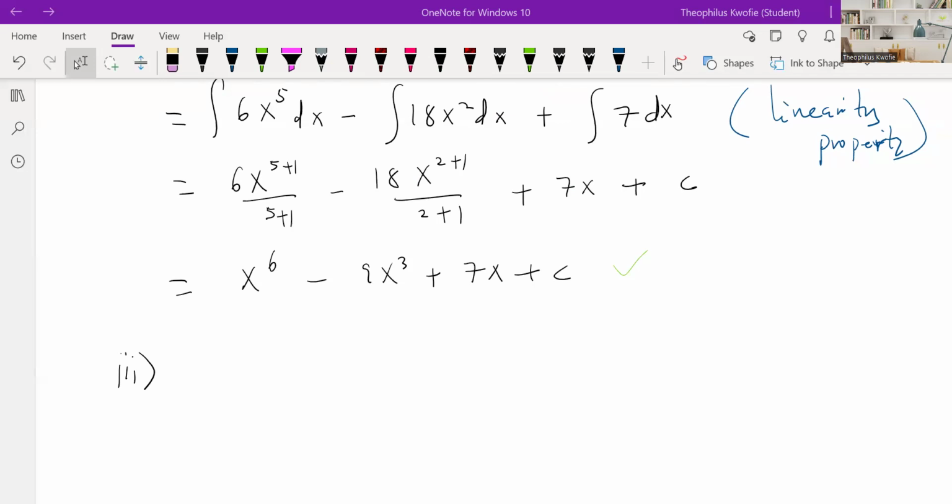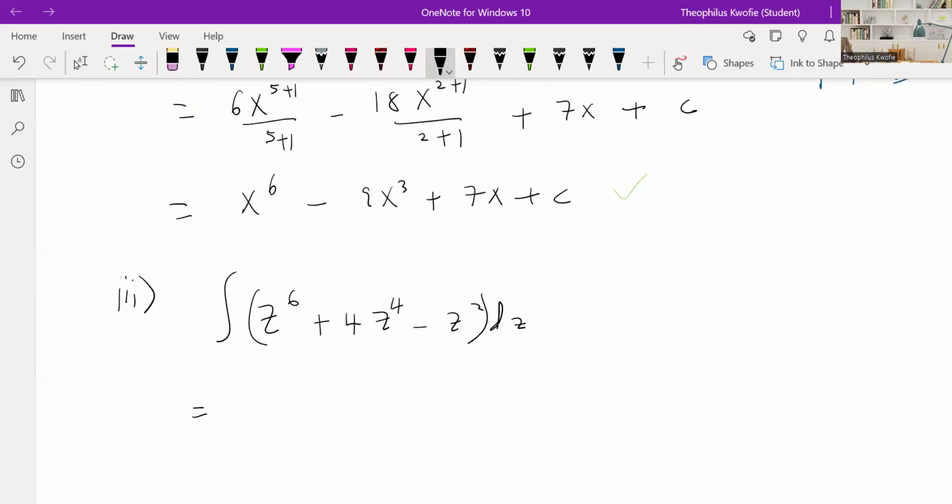If I give you the integral of z to the power 6 plus 4z to the power 4 minus z squared dz. Over here, by using the linearity property, we distribute. By distribution, we should have something beautiful as this.